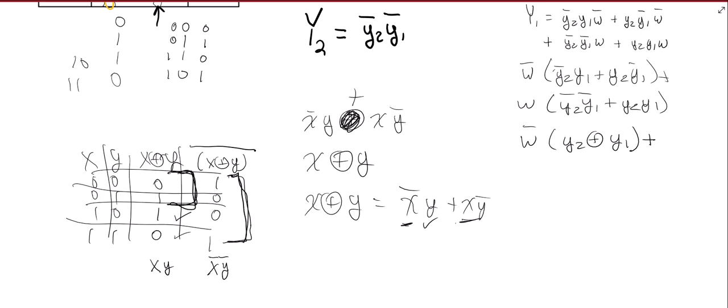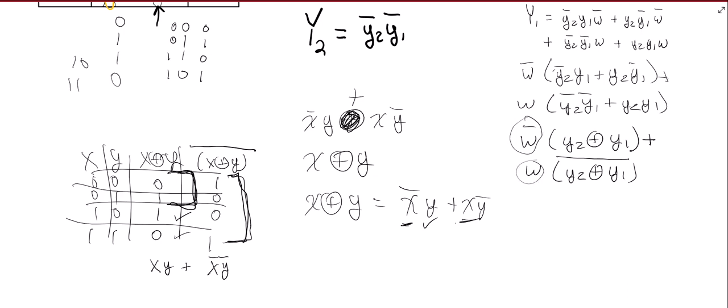So I have either x and y, or not x, not y. And that's what I have right here. So this second one is the not of the exclusive OR of y2 and y1.